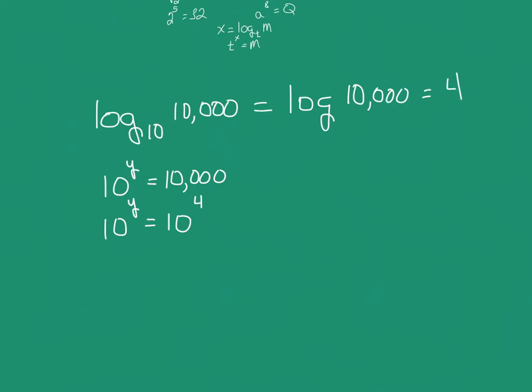Let's look at the log of 0.01. Again, this is base 10, so I don't have to write base 10. To solve this, I'm going to rewrite it as an exponential. 10 to some power is equal to one hundredth.